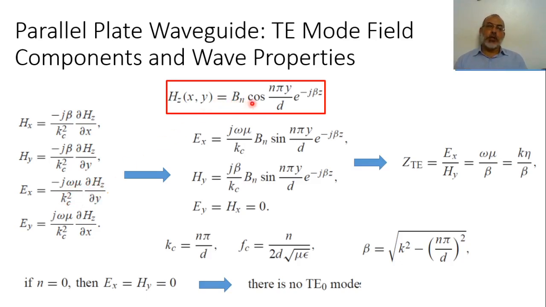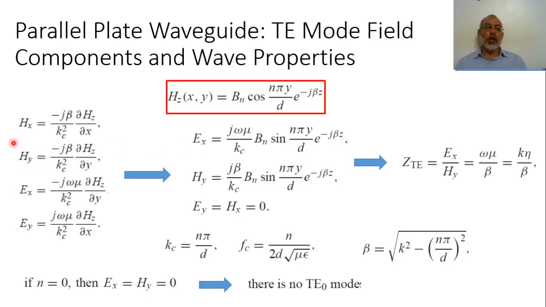Partial Hz by partial y would be minus sine(n pi y over d) times n pi over d. And already we have a minus, so it would be positive j omega mu over Kc, because n pi over d is Kc, so it is eliminated with this square: Ex equals j omega mu over Kc times B sine(n pi y over d) e to the power minus j beta z.